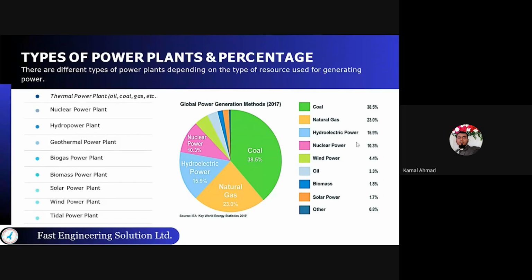So for our industry sector, three main fuels are used: natural gas, heavy furnace oil or HFO, and diesel. These fuel prices have been increasing very rapidly after COVID-19. Okay.